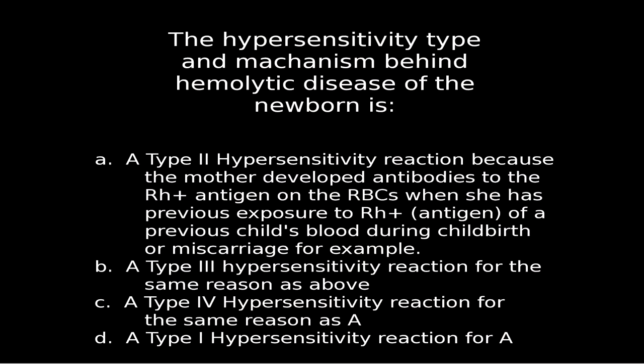So let's go through some questions. Number one: the hypersensitivity type and mechanism behind hemolytic disease of the newborn is which of the following? Okay, so if you remember, your red blood cells have antigens on them, right? You might have type A or type B, but you also have the D antigen, which is called Rh positive or Rh negative.